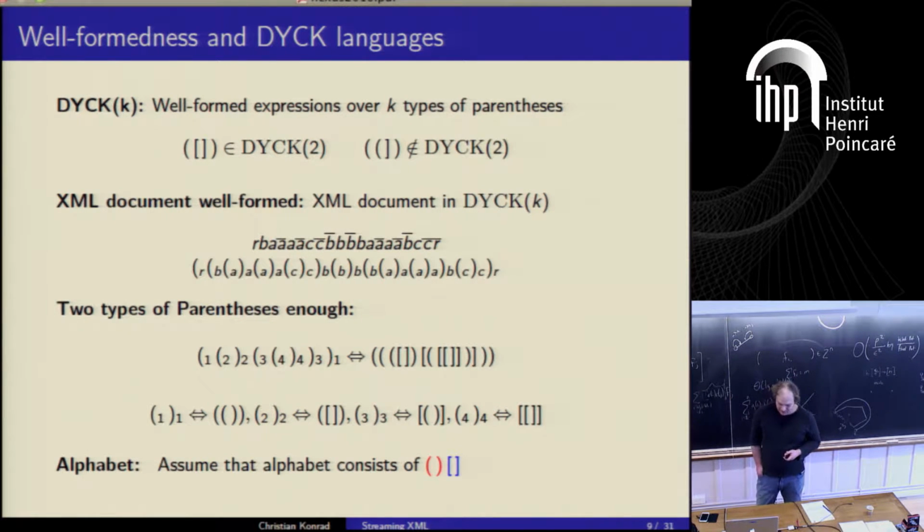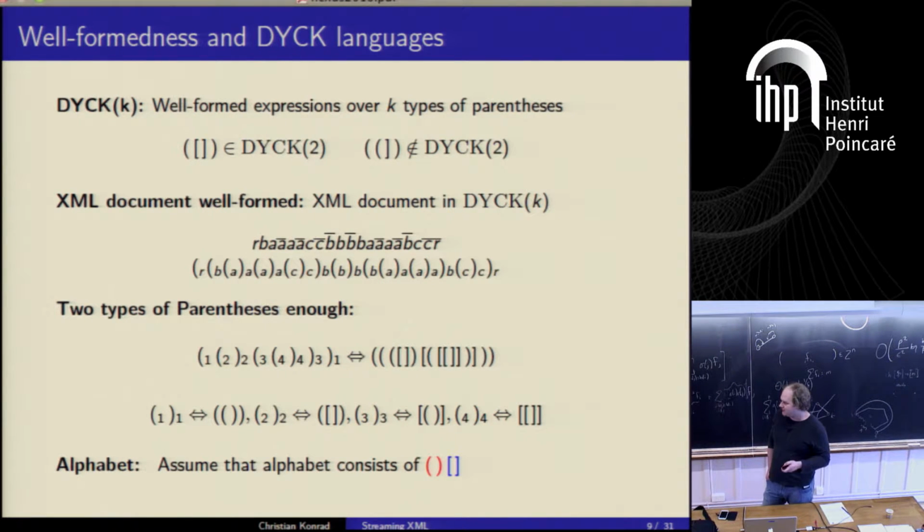The first important observation is that it is enough if we are able to check whether an XML file is well formed that has two different types of tags, two different types of parentheses, because there's just an encoding trick that we could do. We have many different parentheses, but using two parentheses we encode the index of the type of parentheses.